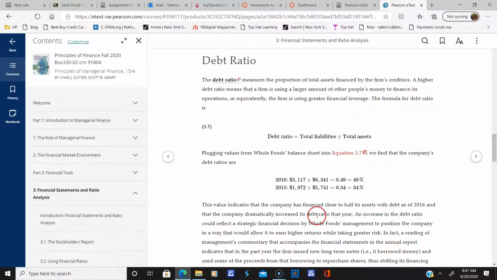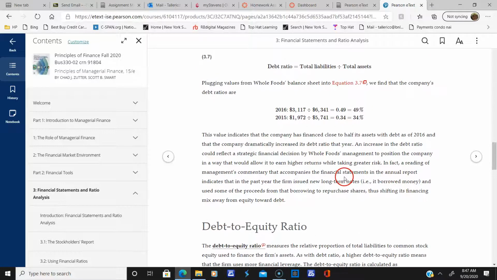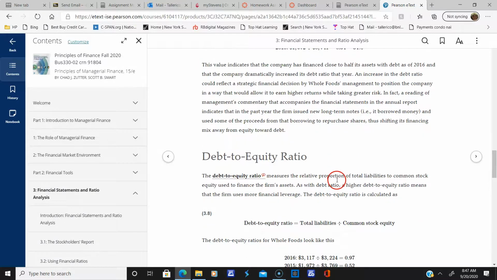This value indicates that the company has financed close to half of its assets with debt as of 2016, and the company dramatically increased its debt ratio that year. That could be a problem if it's long term, so the analysts watch that.